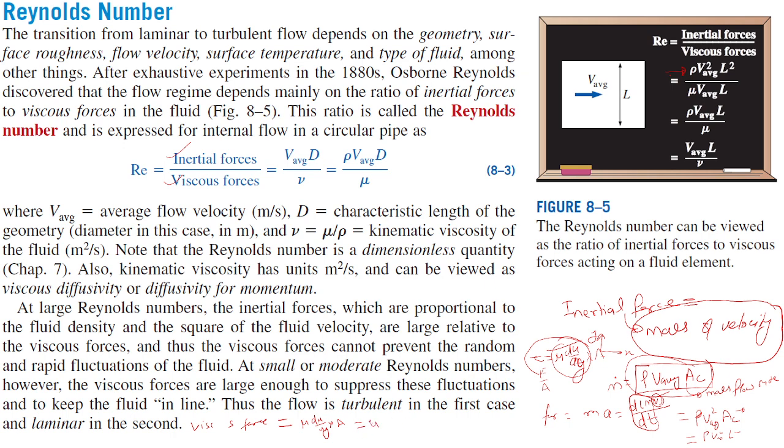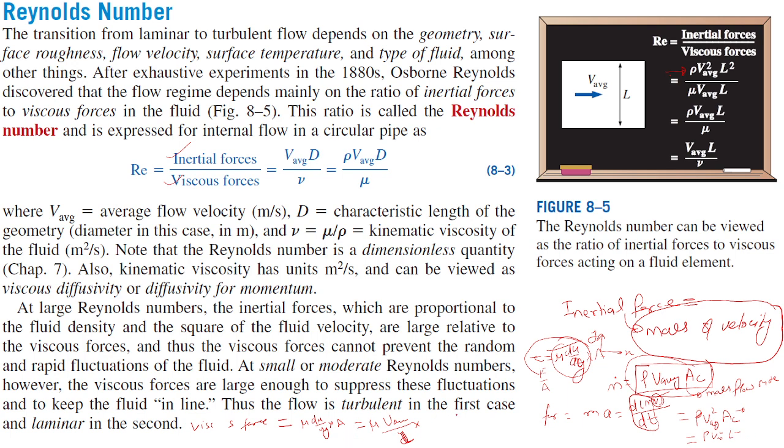So mu, this velocity is velocity average, and y means L. I want to write here L because I have converted all the area into the length parameter.